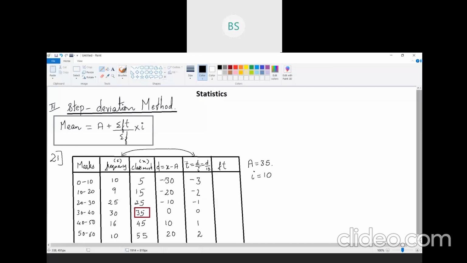So 10 into minus 3 is minus 30. 9 into minus 2 is minus 18. 25 into minus 1, minus 25. Here it will be 0. 16 into 1, 16, and 10 into 2, 20.